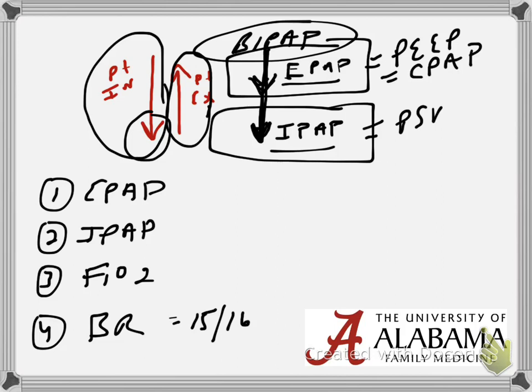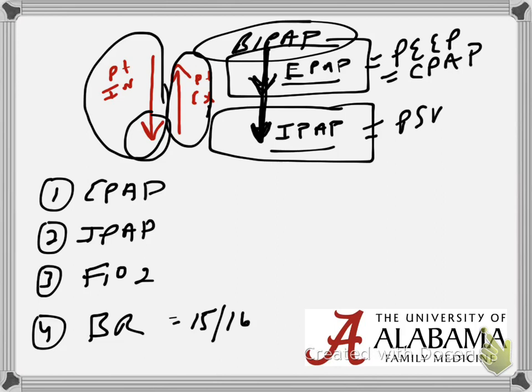Because remember, if a patient is sedated, that's a contraindication to actually using BiPAP. There's some discussion and some controversy out there about if that's always the case, but technically a patient needs to be awake and able to protect their airway if you're going to put them on BiPAP in the first place.